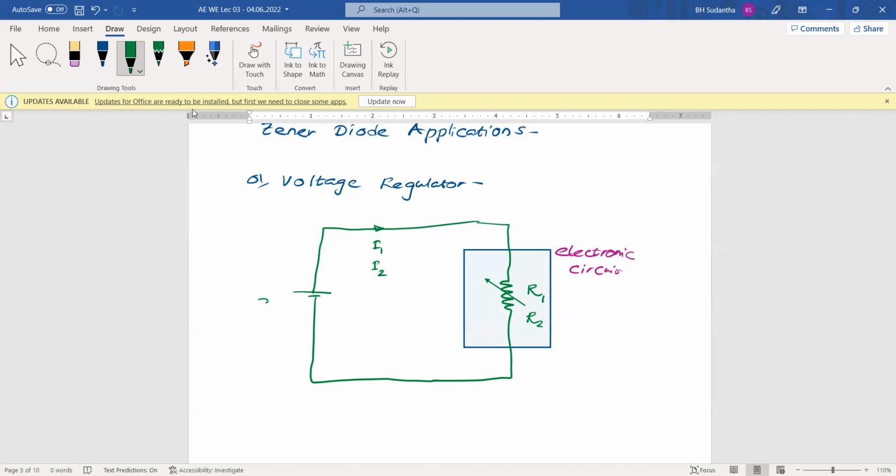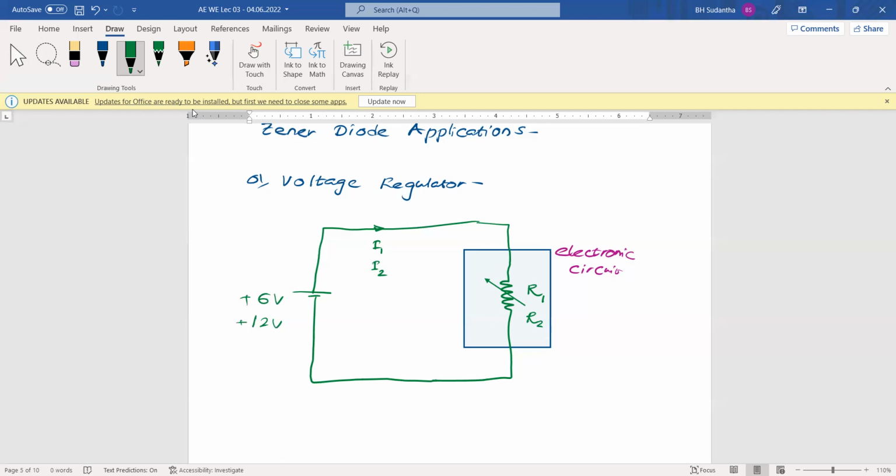But if it is a battery, a 6 volt or 12 volt battery, this will not be a problem, because if the current is in the manageable region, the battery voltage is not going to drop.